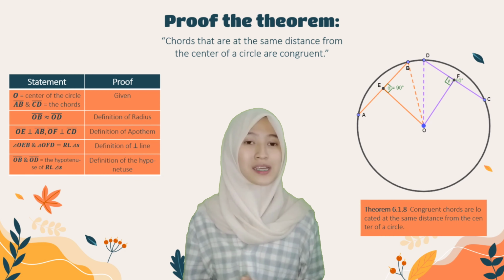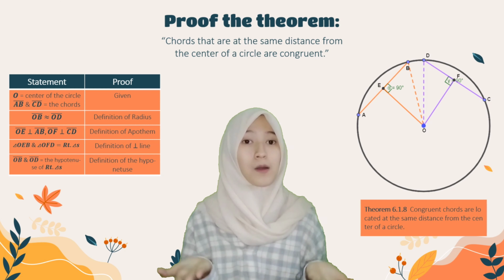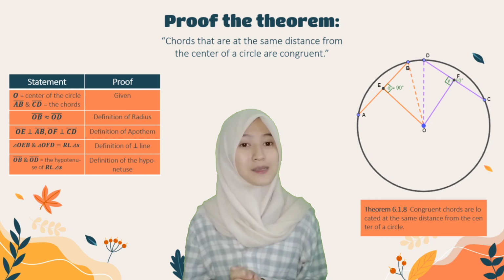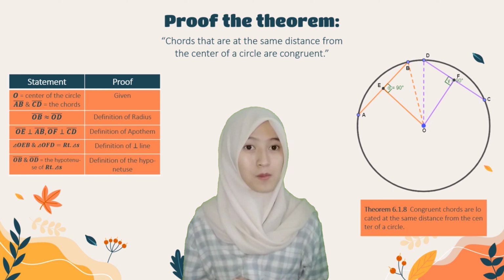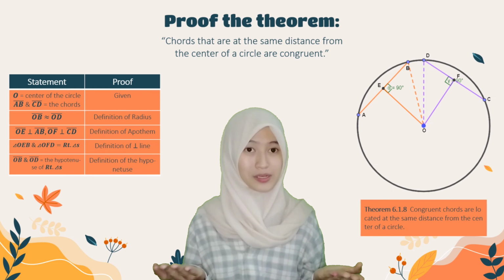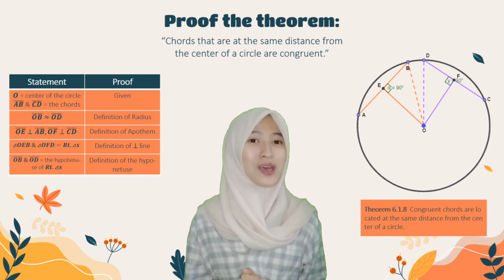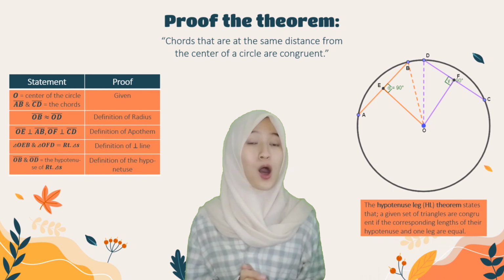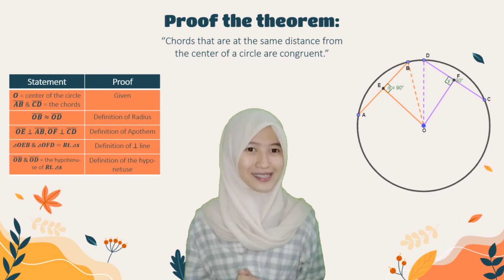Then, by using theorem 6.1.8, which states congruent chords are located at the same distance from the center of the circle, we know that the apothems, line OE and line OF, are congruent. It is the same. So here, we can conclude that triangle OEB and triangle OFD are congruent by hypotenuse leg, or HL.